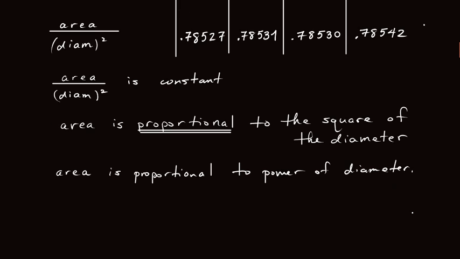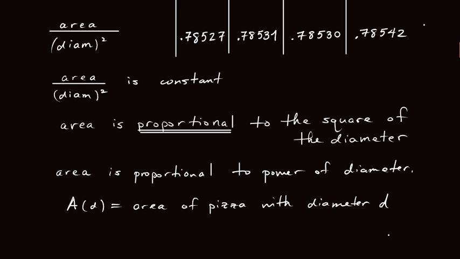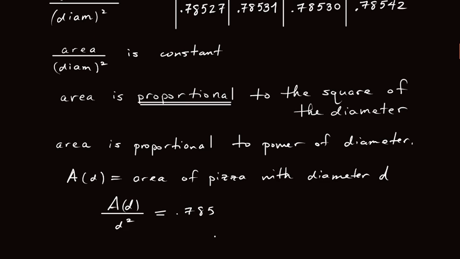Now, what does this mean in terms of formulas? We're going to let A of D equal the area of a pizza with diameter D. Then A of D divided by D squared, we've already seen, is always equal to about 0.7853.